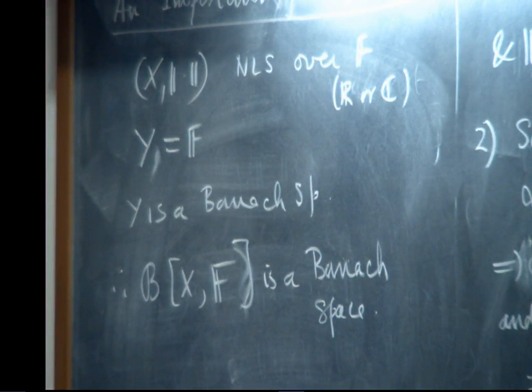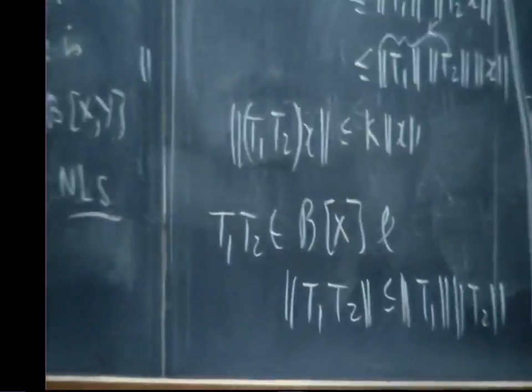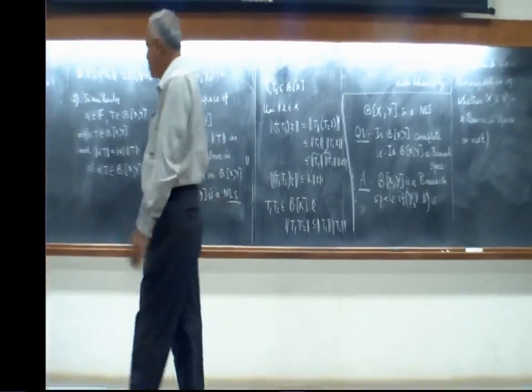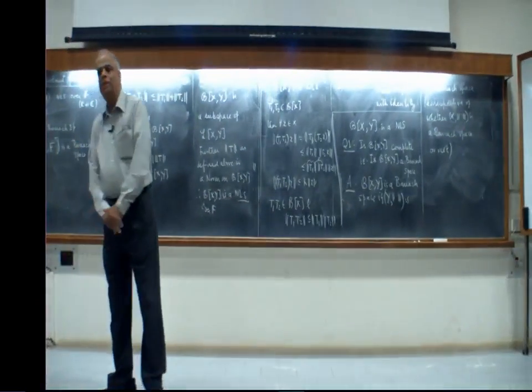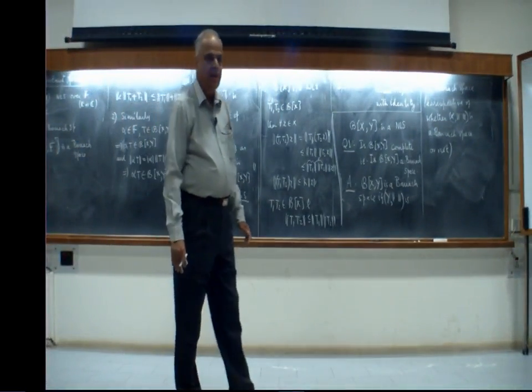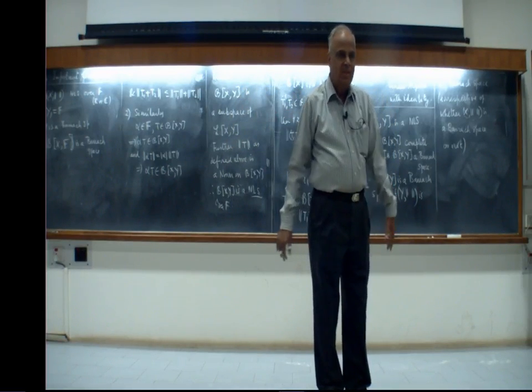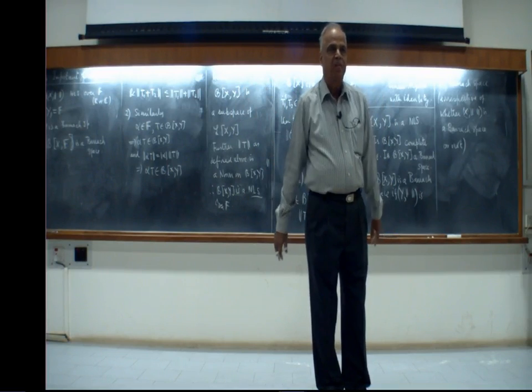The Y space is now a number. Every vector is transformed into a number, and this transformation is such that the linearity is maintained. Then the collection of all such transformations becomes a Banach space. Such transformations are called bounded linear functionals. If the codomain is the scalars, then it is called a functional.